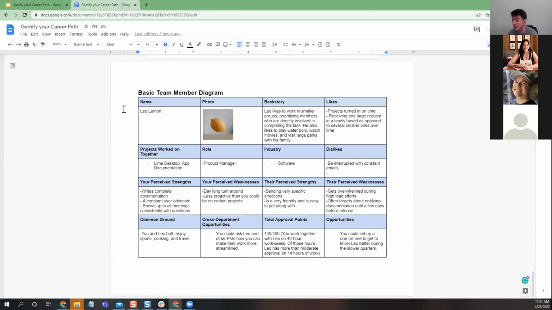And then finally, a team member spreadsheet, so you can start figuring out how to connect with your classmates and your teammates at your current job. Yeah, so I'll stop there.